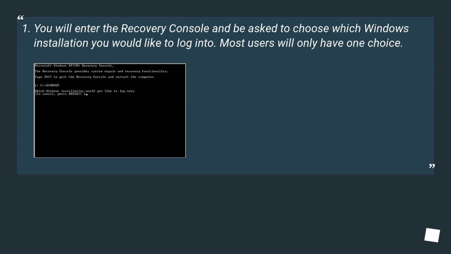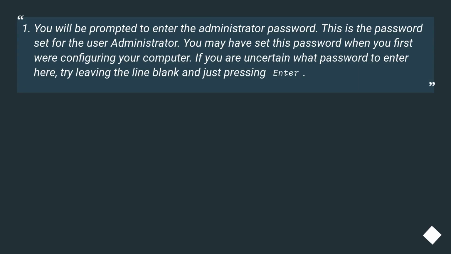You will enter the recovery console and be asked to choose which Windows installation you would like to log into. Most users will only have one choice. You will be prompted to enter the administrator password. This is the password set for the user administrator. You may have set this password when you first were configuring your computer. If you are uncertain what password to enter here, try leaving the line blank and just pressing enter.